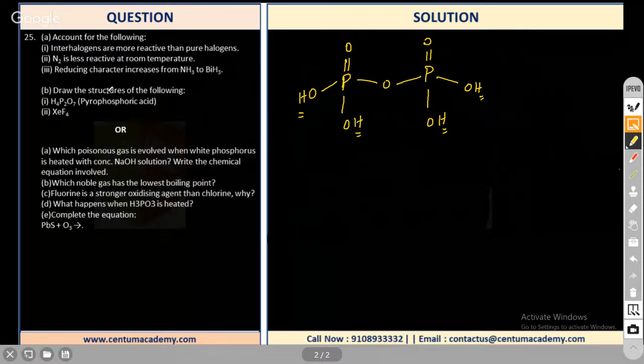How many bond pairs and lone pairs are present? sp3d2.